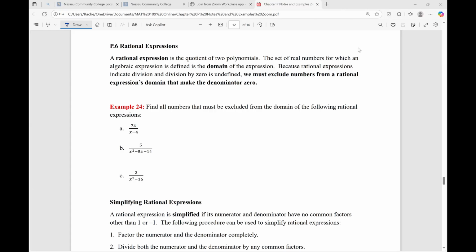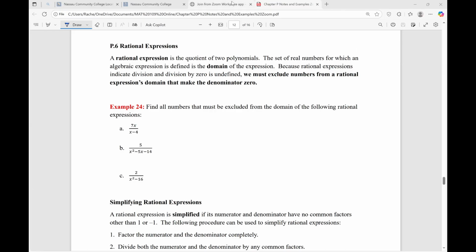Whenever we have a fraction, the denominator can't be equal to 0, right? We can't divide by 0. So we have to think about what we must exclude from the domain that makes the denominator equal to 0.